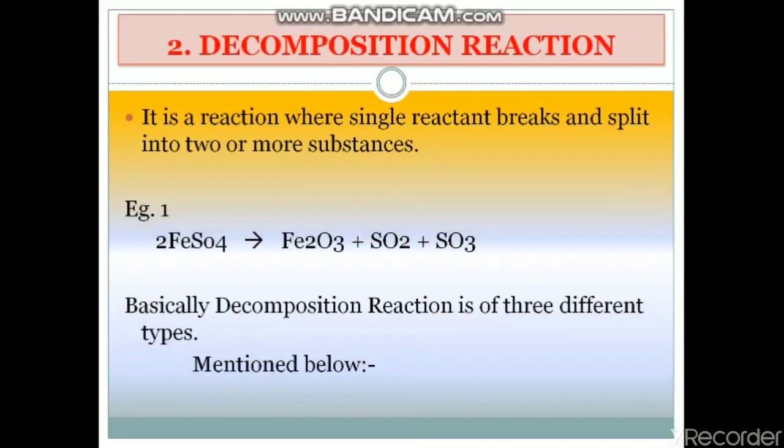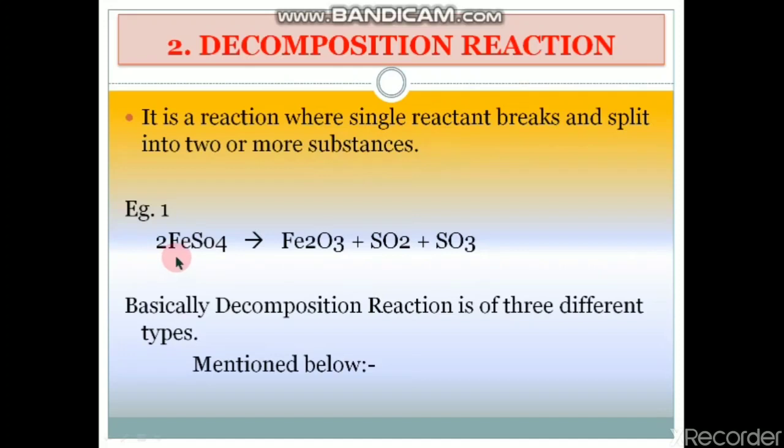Next you see the decomposition reaction. So what is a decomposition reaction? It is a reaction where a single reactant breaks and splits into two or more substances. It's very important: a single reactant breaks and becomes two or more substances.